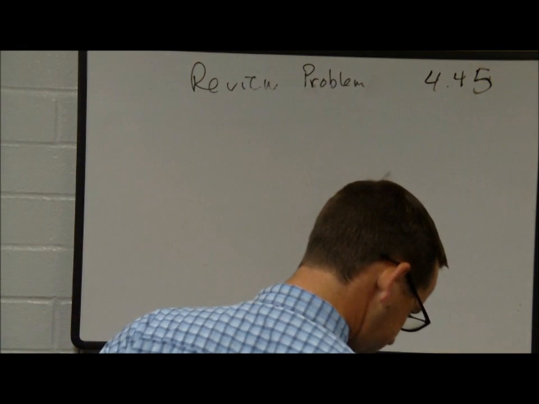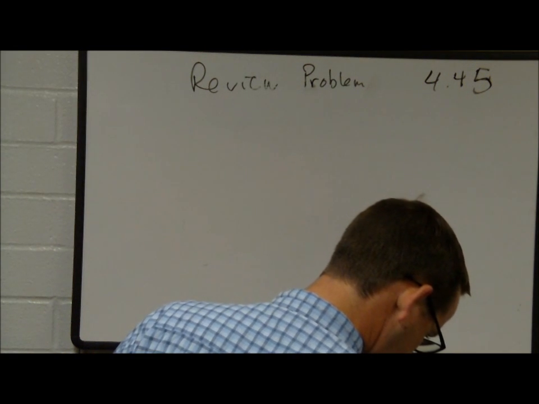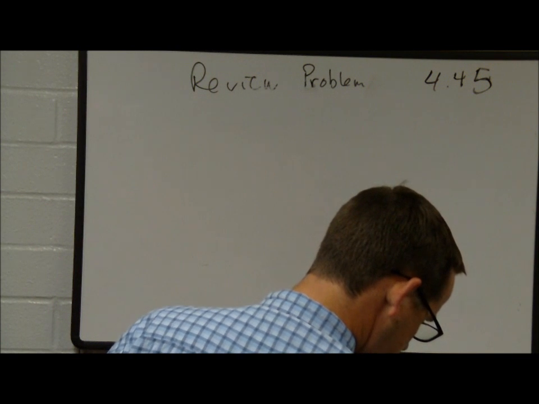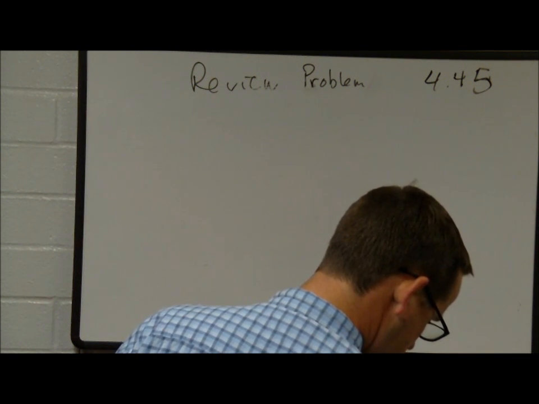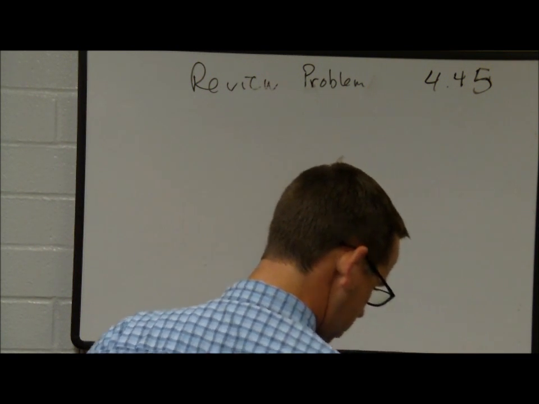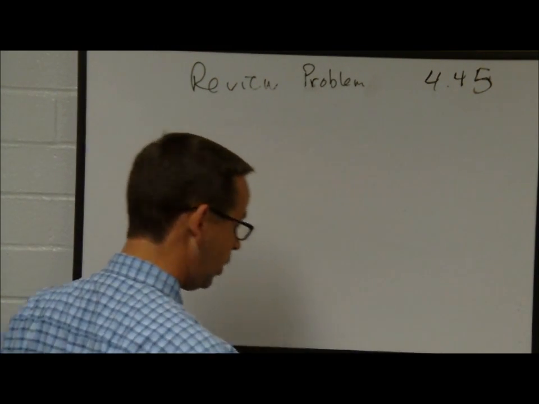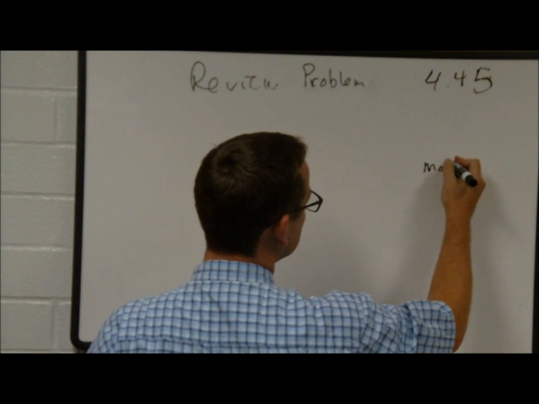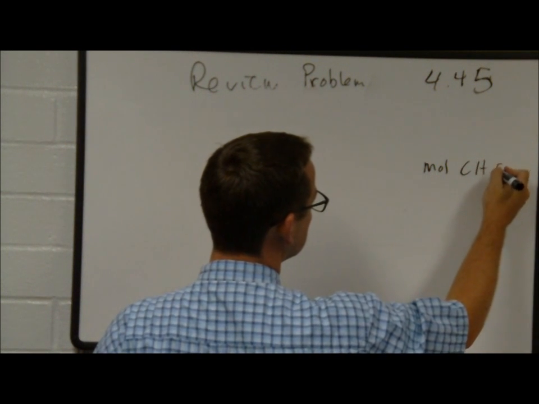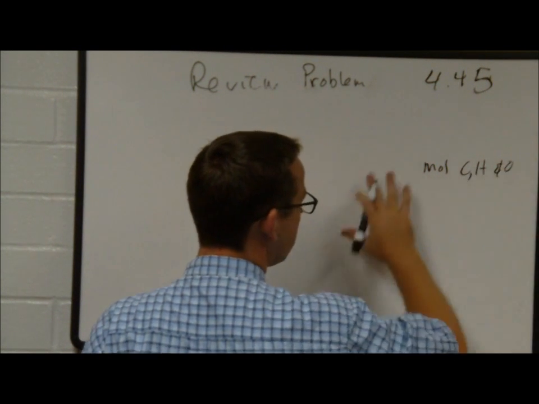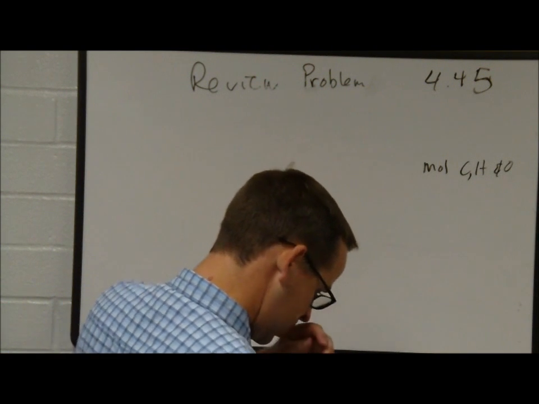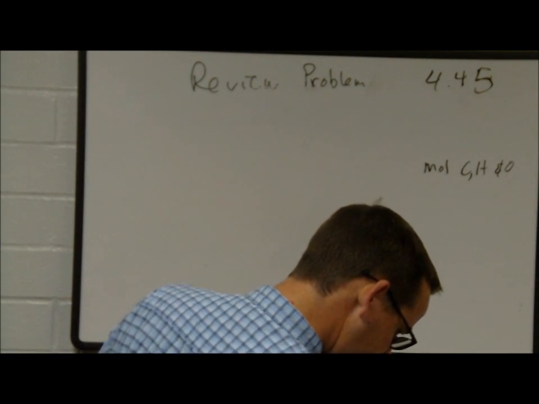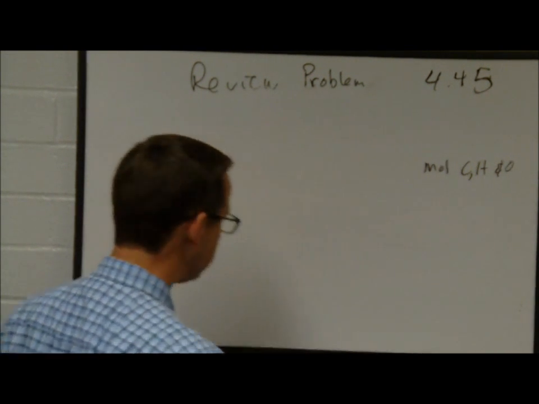What is the total number of C, H, and O atoms in 0.260 moles of C6H12O6? Sum of all the carbon, hydrogen, and oxygen atoms in 0.260 moles of glucose.